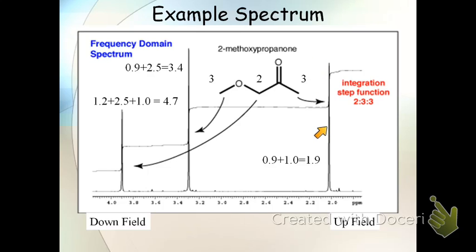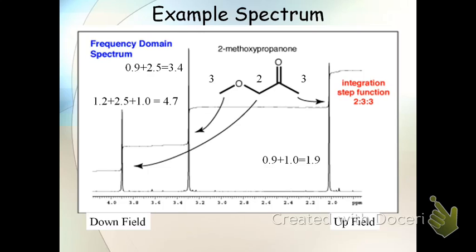Now, if you just look at the integrals and you know that it's 3 to 2 to 3, and you follow the arrows to make sure you're doing this correctly, this signal is about 2/3 of this signal and 2/3 of this signal. The area, that is the integral, is proportional to the relative number of hydrogens of each type in the compound. So that can be very useful in determining the structure.